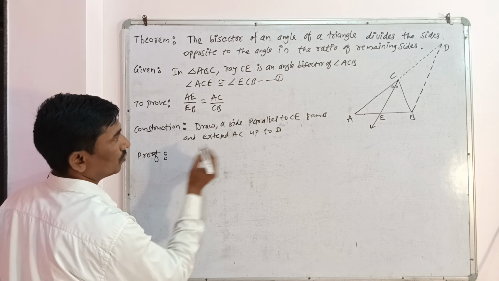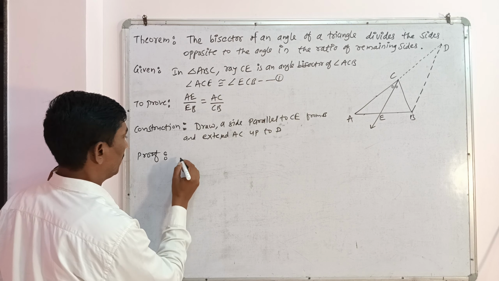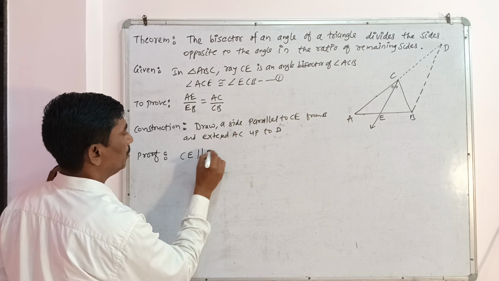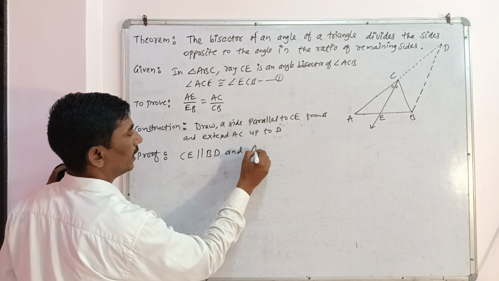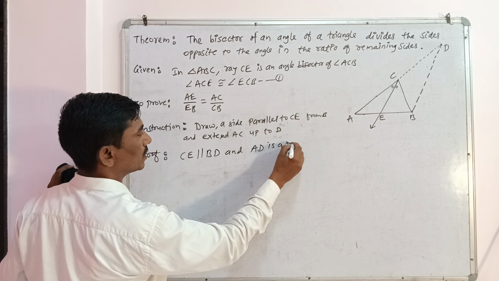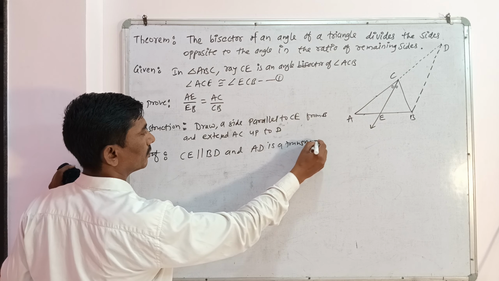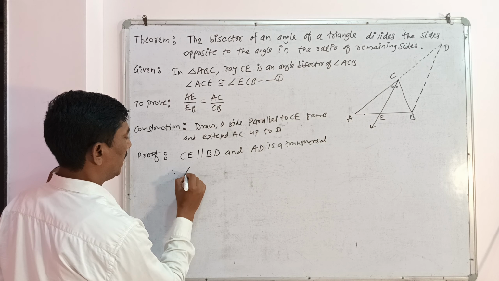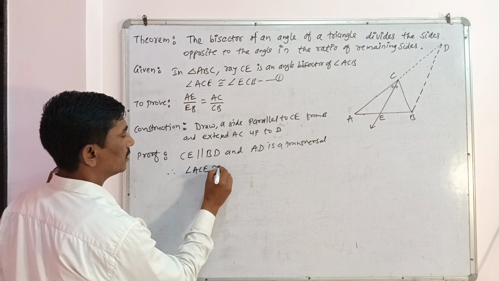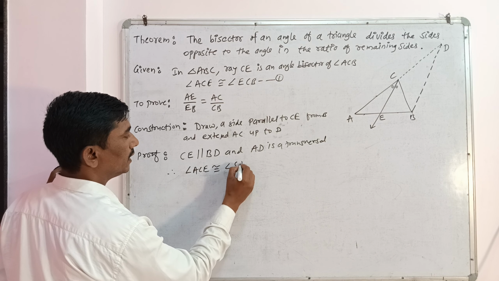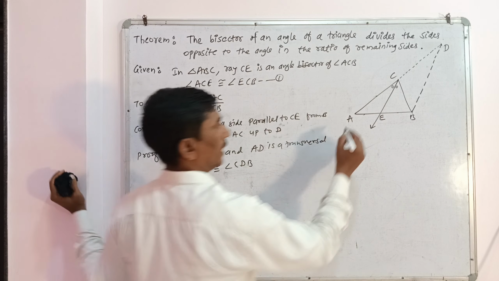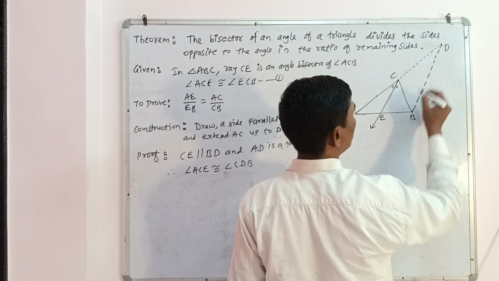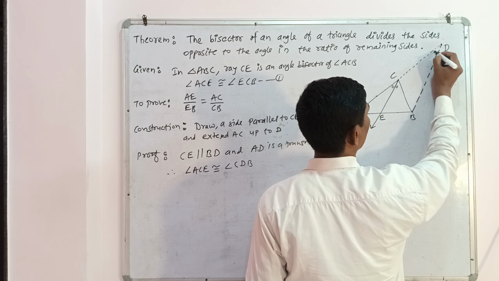So we'll take that first. CE is parallel to BD and AD is a transversal. So what we can write is angle ACE is congruent with angle CDB, isn't it? This angle will be congruent with this angle.